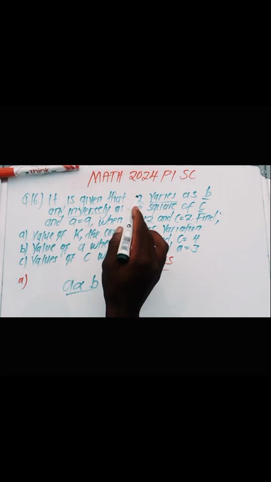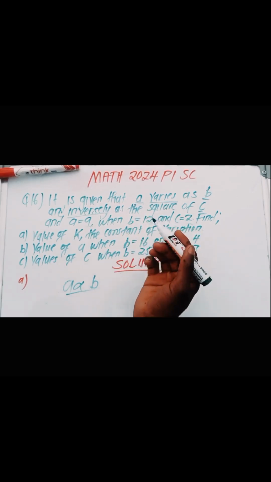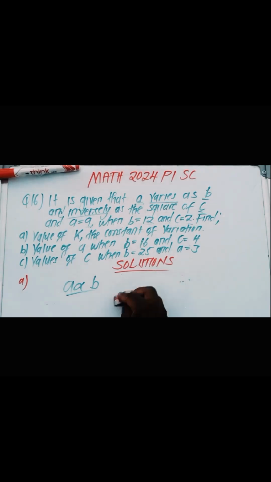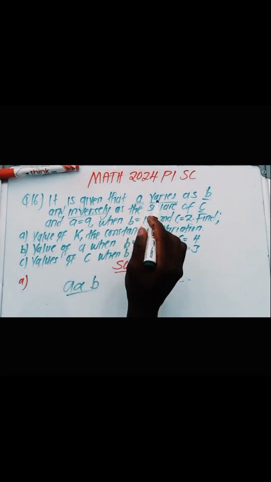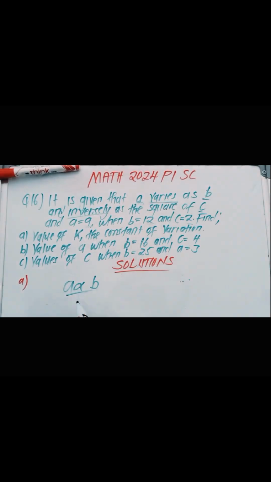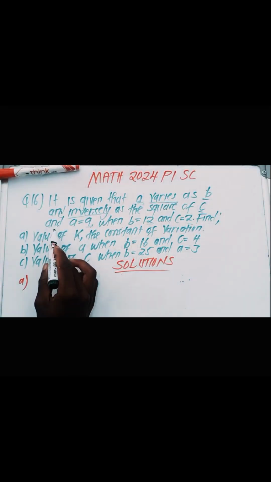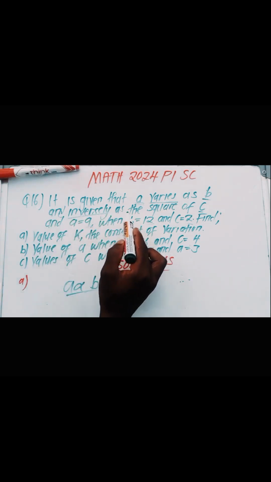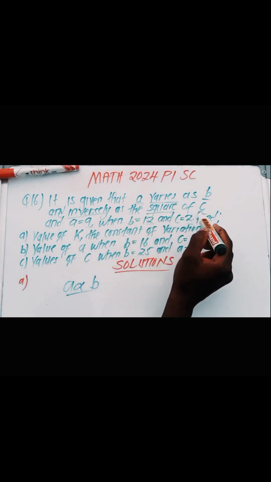But when they say inversely, like we say acceleration is inversely proportional to mass, we write it like this. This is the expression which shows things that are inversely related. So in this case, A varies directly as B, this is our expression, and inversely as the square of C.